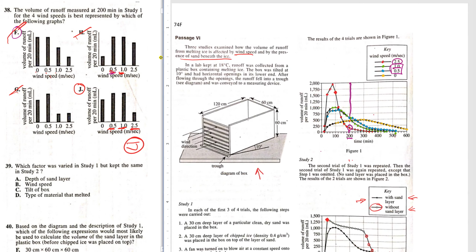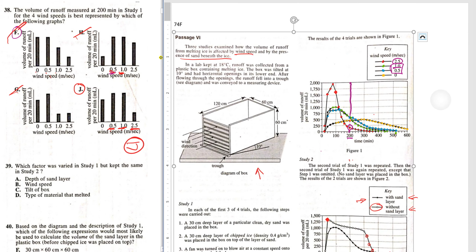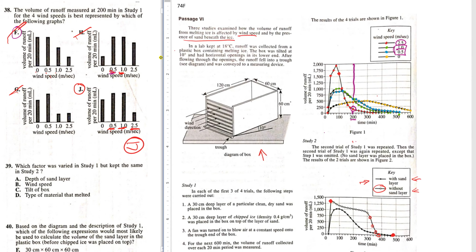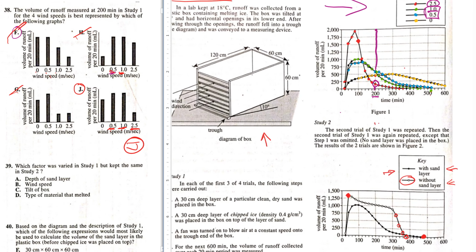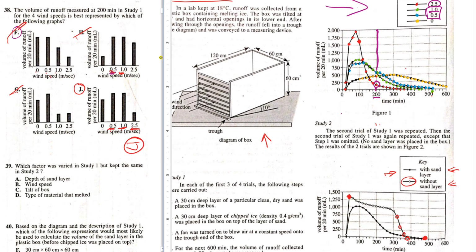39. Which factor was varied in study 1 but kept the same in study 2? All right, so in study 1 they varied the wind speed, right? So wind speed was varied in study 1, but it was kept the same in study 2, because it says the second trial of study 1 was repeated.